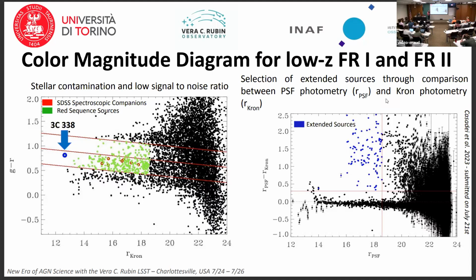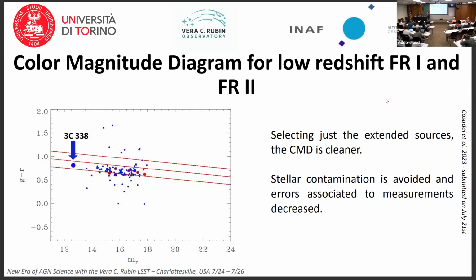So by just selecting them, I can reduce all the contamination in my color magnitude diagram. And what we can see is that selecting just the extended sources, we have a well-defined strip, and so the errors associated with my measurement are decreased.